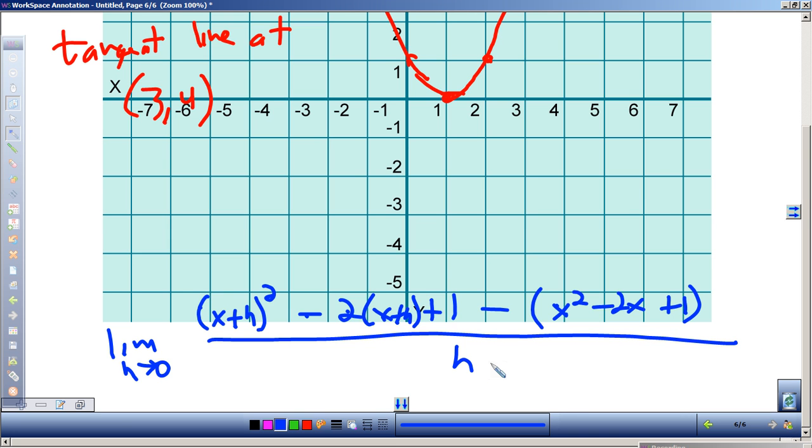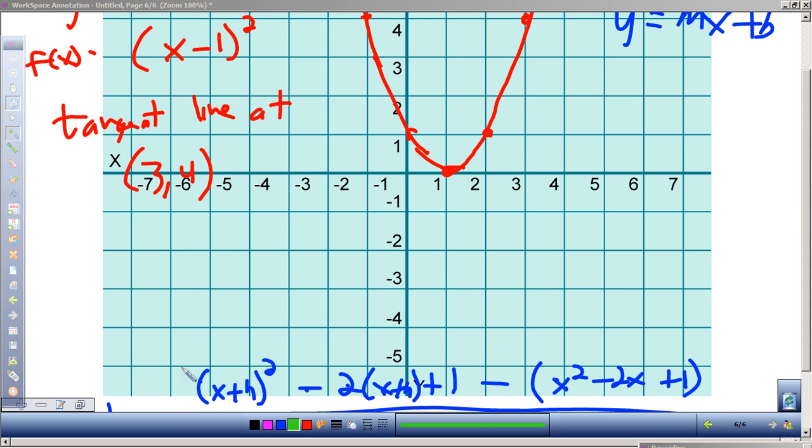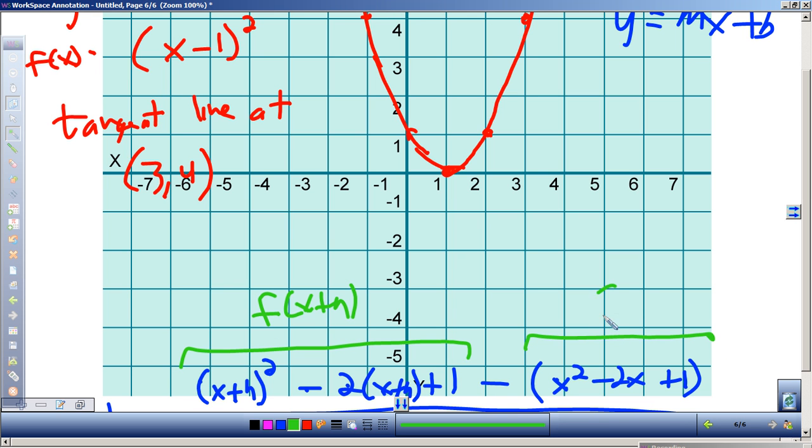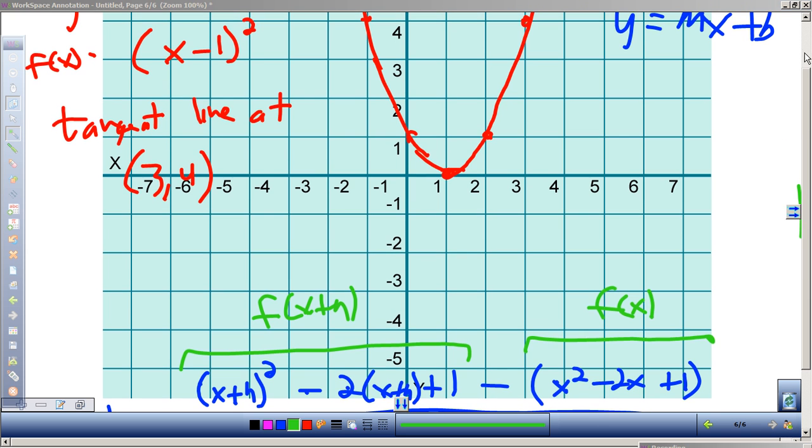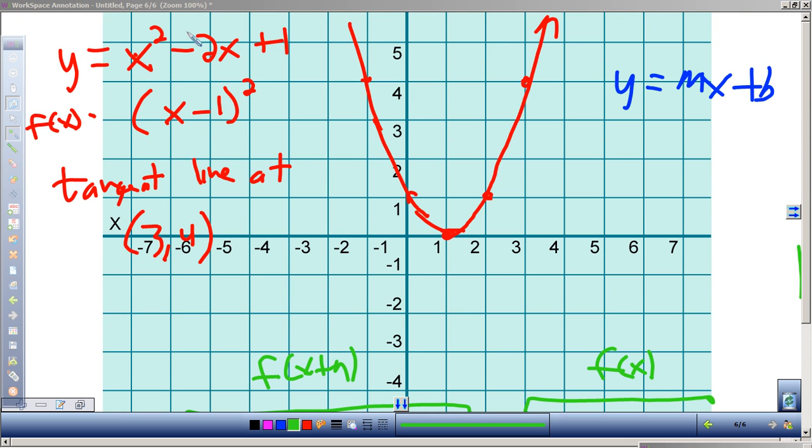You see where that came from? Anybody not see where that came from? So remember, I'm doing this part right here, f of x plus h. That's right here, f of x. And I'm using the top form here because I think it's a bit easier to work with in this problem.